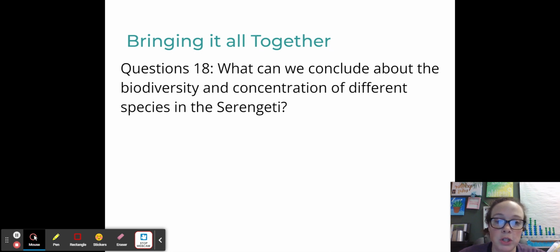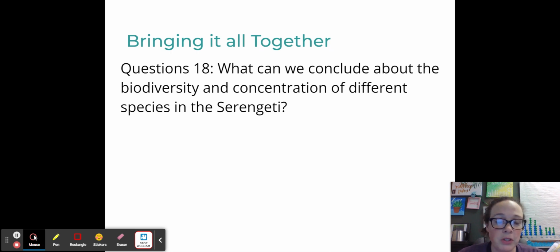Now, biodiversity and concentration both refer to numbers of animals, but they are not the same data point. When we're making our conclusion about biodiversity, we should be making a conclusion about the number of species, the variety. Biodiversity is about the amount of variety present in an ecosystem, where concentration refers to the number of each species in that area.